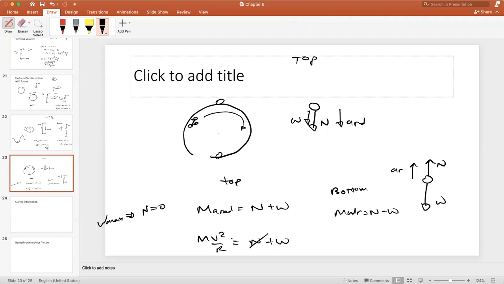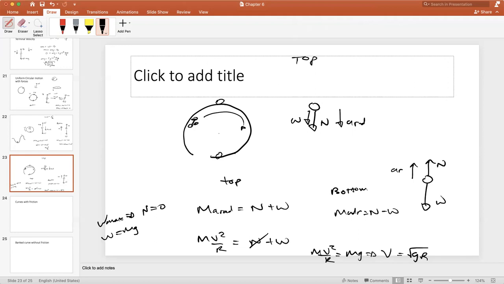So this goes away, and weight is mg, and we see that mv squared over r is mg. Cancel the m's, and you get that V is equal to the square root of g times r. That's the fastest he can go. Or I'm sorry, that's the minimum he can go. If he goes slower than that, he will actually fall.